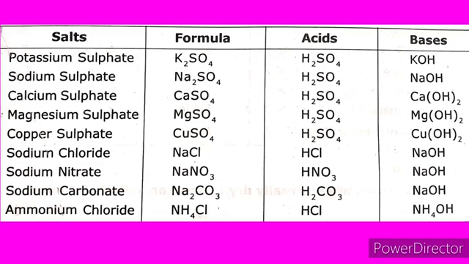Eighth one is sodium carbonate. The formula for sodium carbonate is Na2CO3 and the required acid and base are H2CO3, which means carbonic acid, and NaOH, sodium hydroxide. Last one is ammonium chloride. The formula for ammonium chloride is NH4Cl. The required acid and base are hydrochloric acid and ammonium hydroxide.